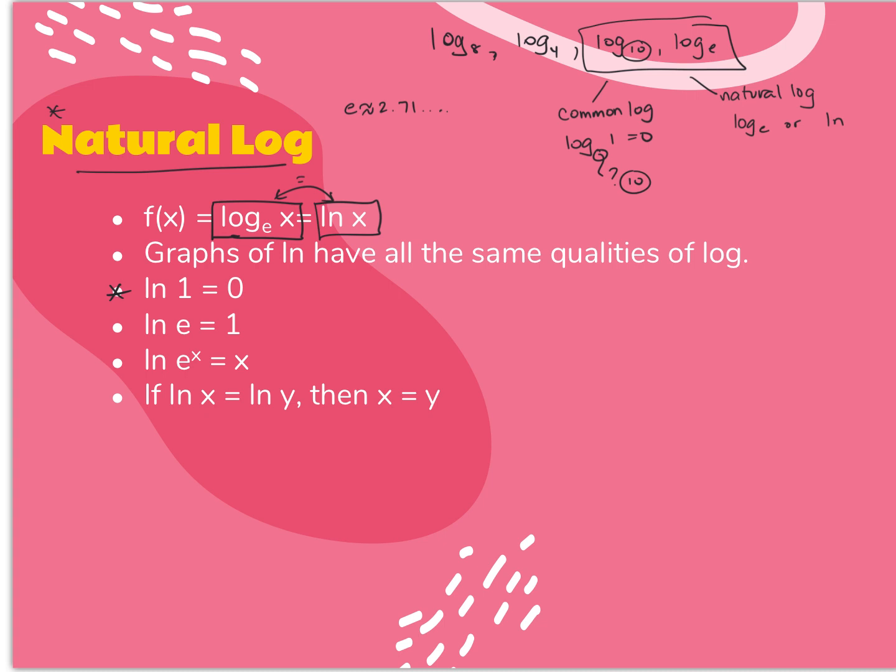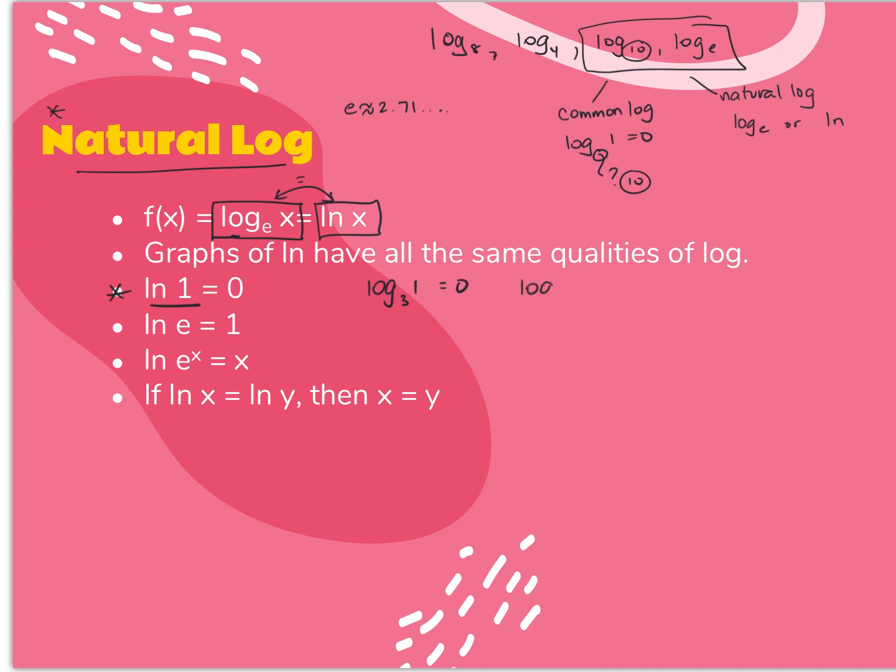Now, let's see how we can prove that the natural log of 1 equals 0. Well, if I change that to log base e of 1 equals 0, let's think about that. e to the 0 power equals 1. Anything to the 0 power equals 1. So any question like this, including natural logs, is going to equal 0. So again, if I have log base 3 of 1, that equals 0, because 3 to the 0 is 1.